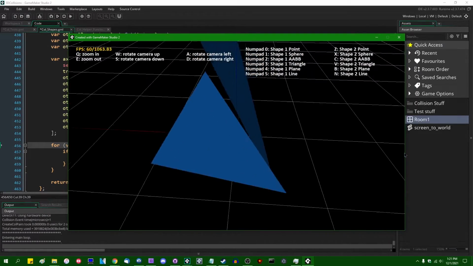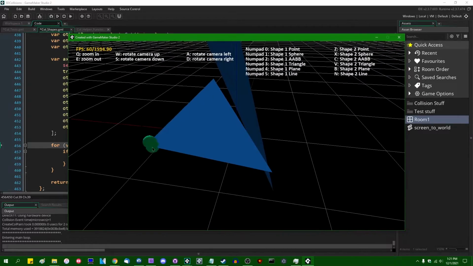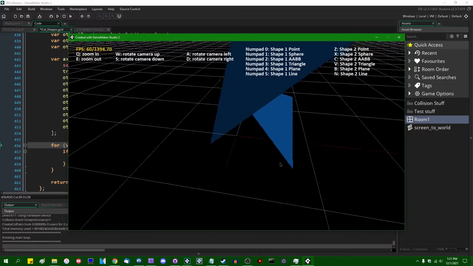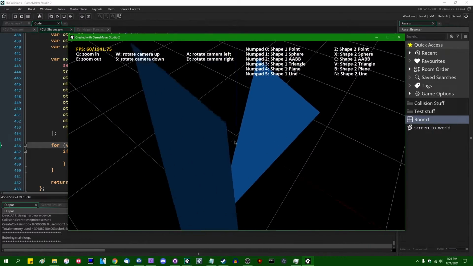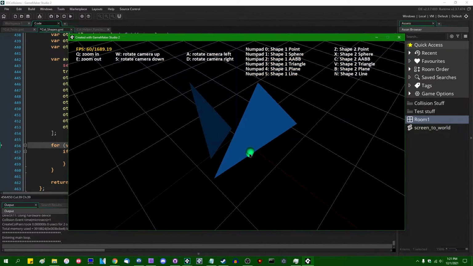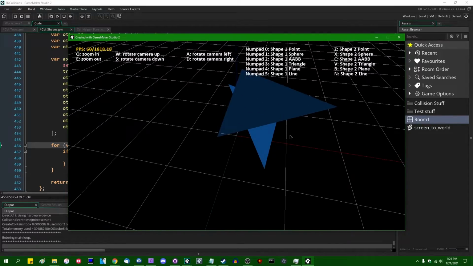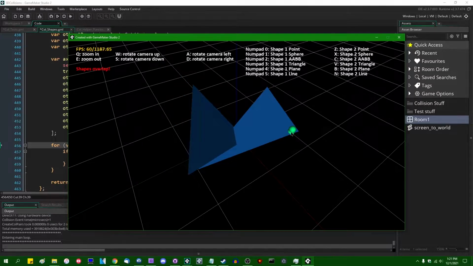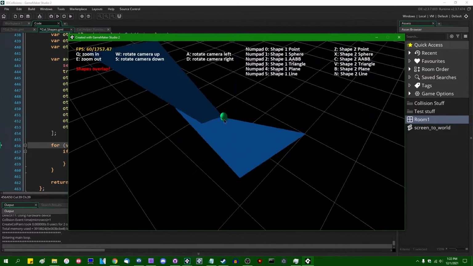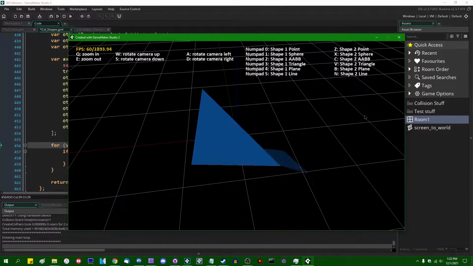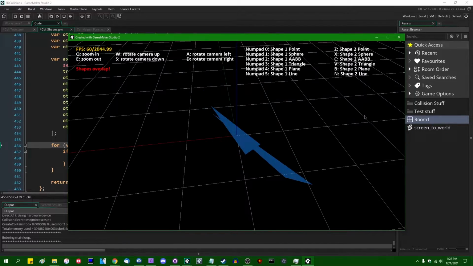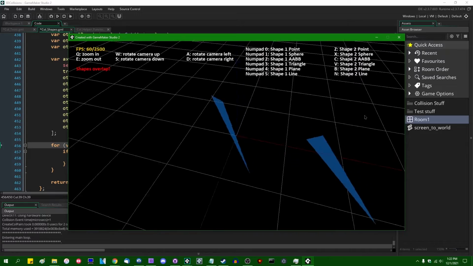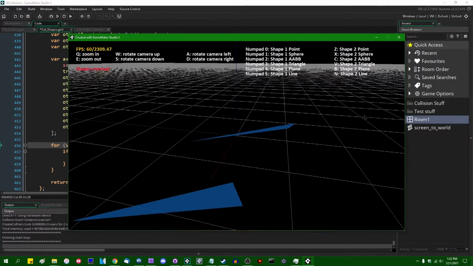So if we have a case where all 3 of the vertices of one triangle are on opposite sides of the plane of the other, if I can get them all in view at once, that'll be helpful. We no longer have a false positive being reported here. However, if I were to move them into each other, we now do have an intersection being detected. However, if I were to again go back to the special case where these triangles are coplanar, we still do have false positives. That is going to be the subject of what we're going to deal with next.